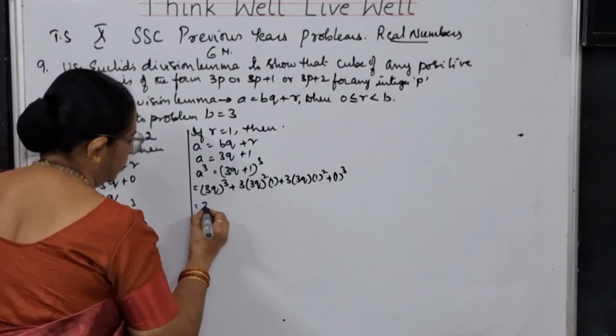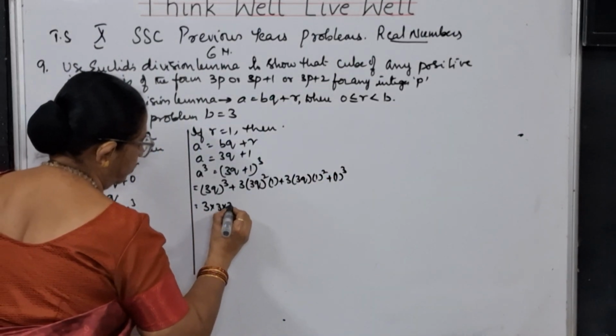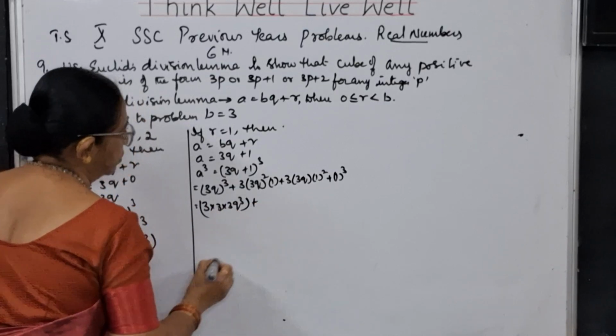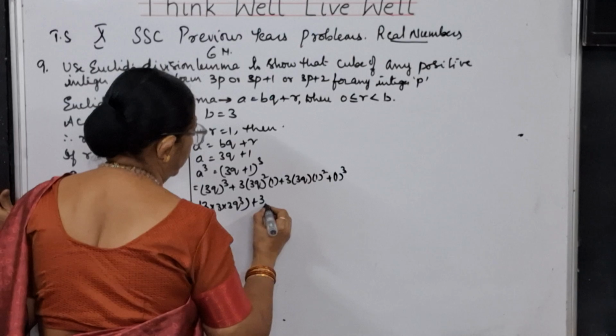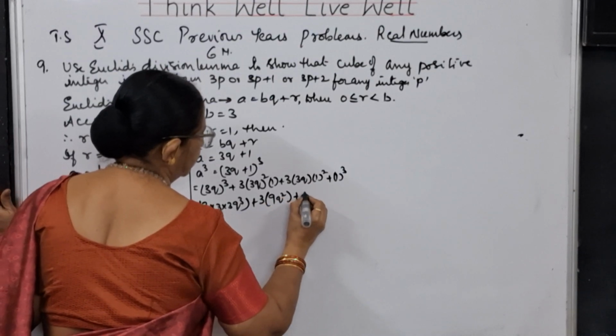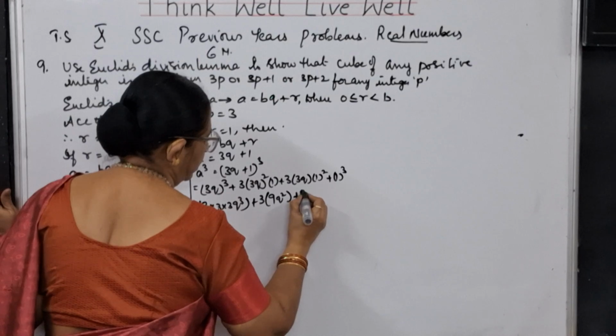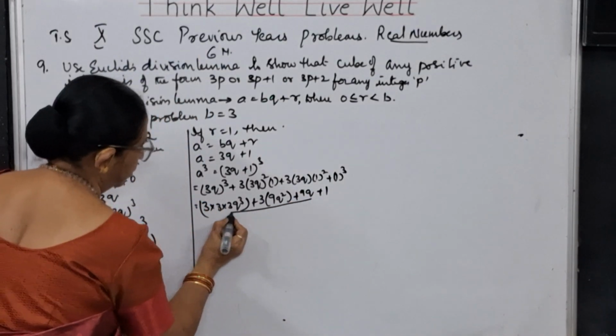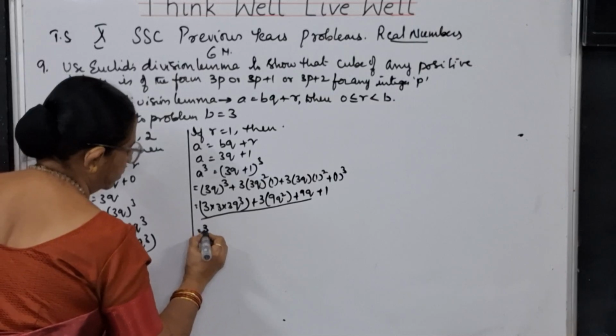So 3q cube, this first one, plus 3 into 9q square plus 3 3s are 9q plus 1. So take all this. In this you can take 3 as common.